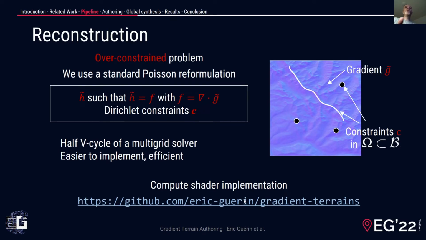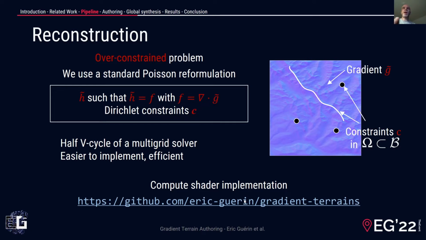Now let's continue with the reconstruction of the elevation H from gradient G. Since solving such an over-constrained system is not possible, we reformulate it as a standard Poisson equation.